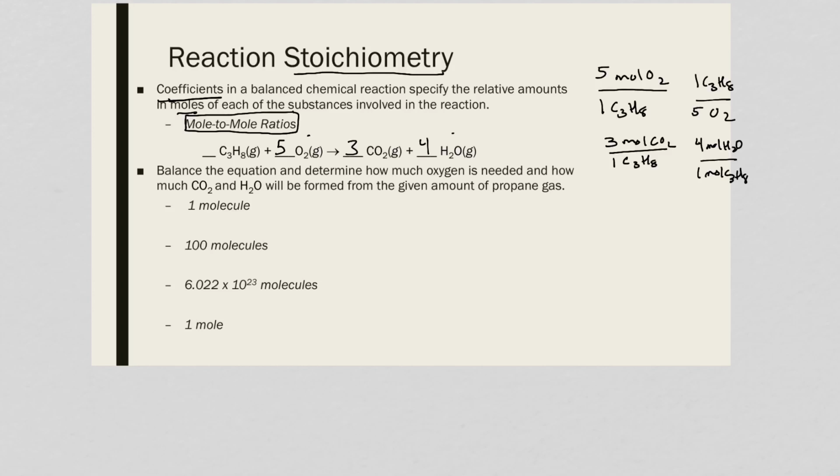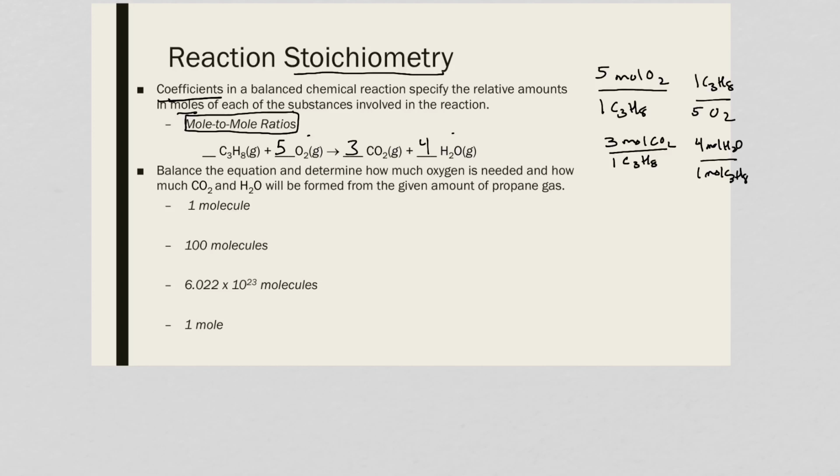Right? The key is we can set up these ratios, and these ratios behave much like conversion factors. And they allow us to convert from one species to another, whether that's in terms of molecules or moles, but it allows me to convert how much of one into how much of another.